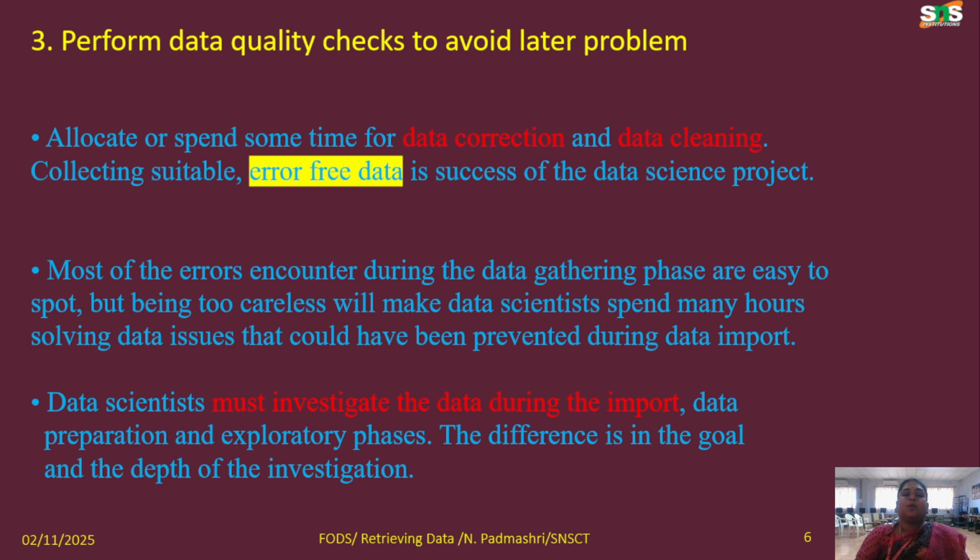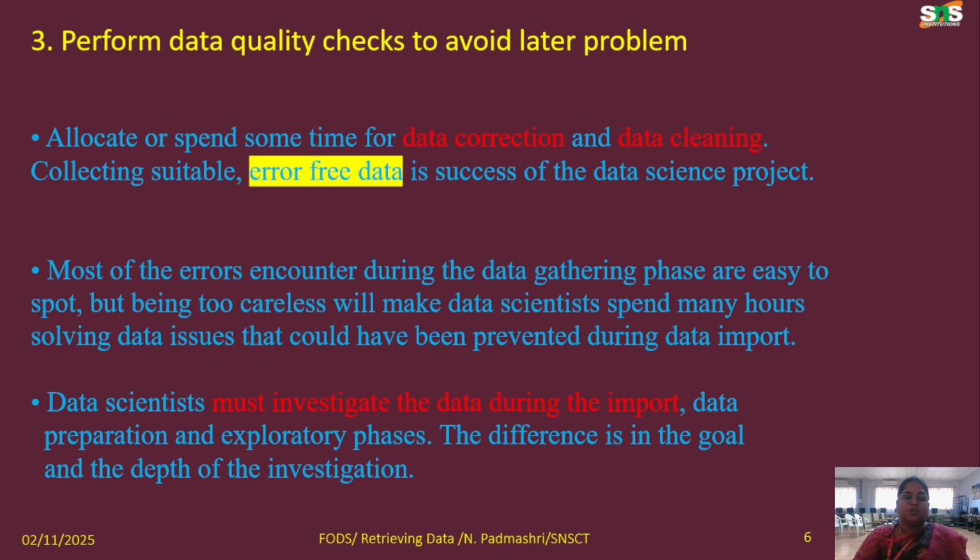Third is to perform the quality check. We all know that we are collecting the data from different sources, so we need to check whether the data is exactly working, and whether the data is free from errors. So spend some time on data correction and cleaning, and we have to take error-free data.